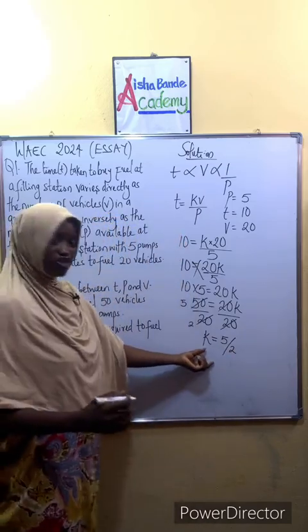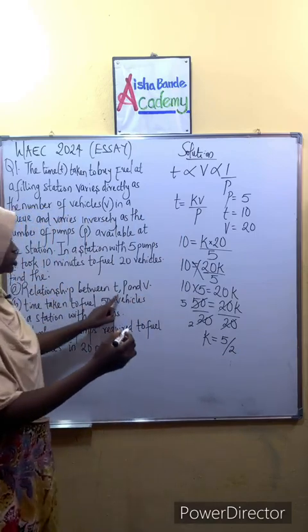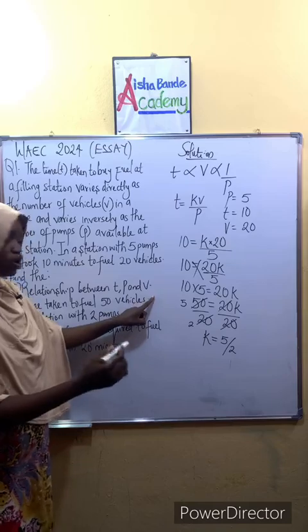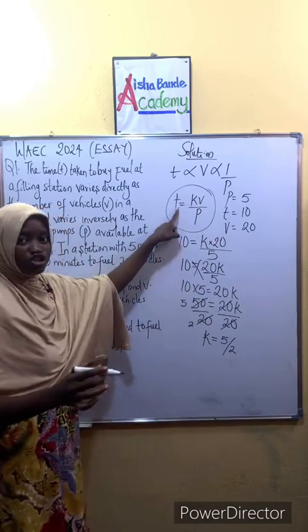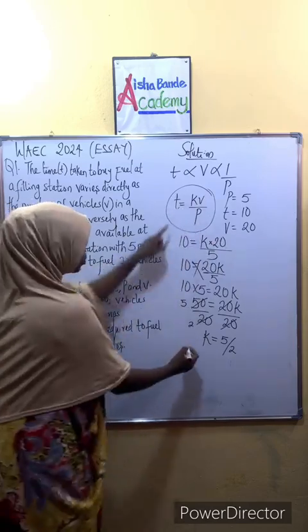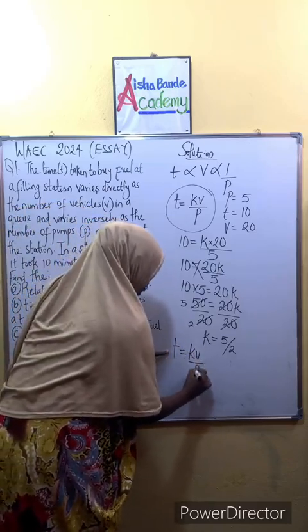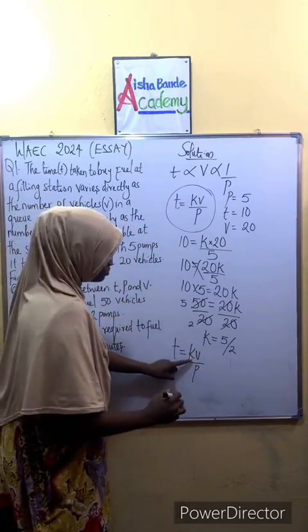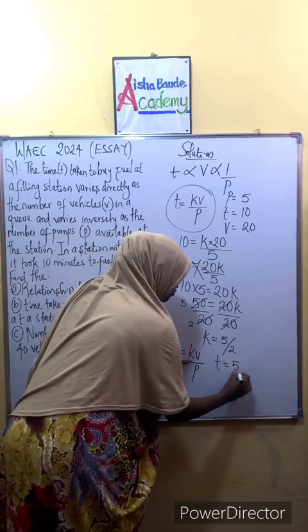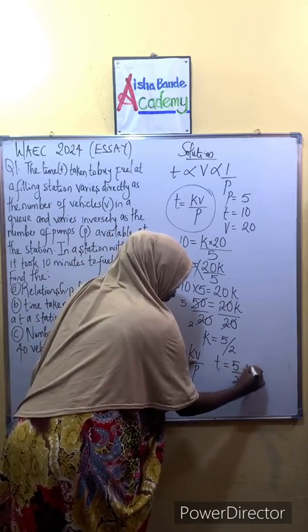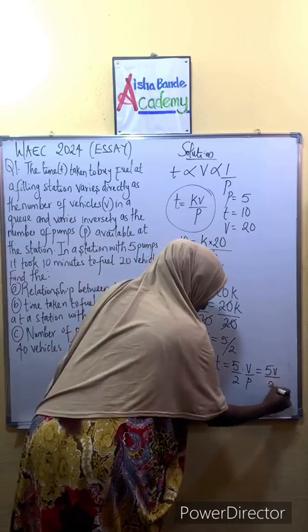Since we've gotten the value for K, the first question is asking us to find the relationship between T, P, and V. So all we need to do now is to substitute in the value of K to give us the relationship between the three variables. We come back here and say that T is equals to KV over P. Substituting in the value of K, we have that T is equals to 5 over 2 multiplied by V over P. This is the same as saying 5V over 2P.